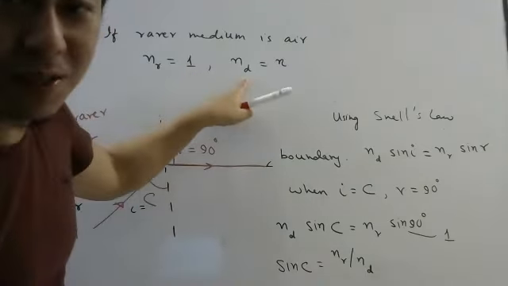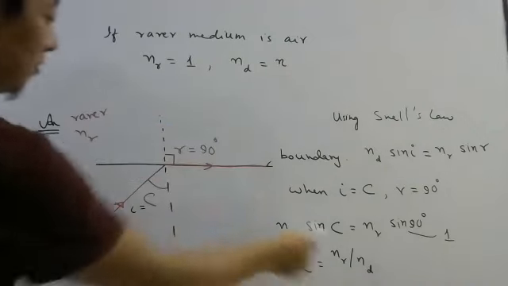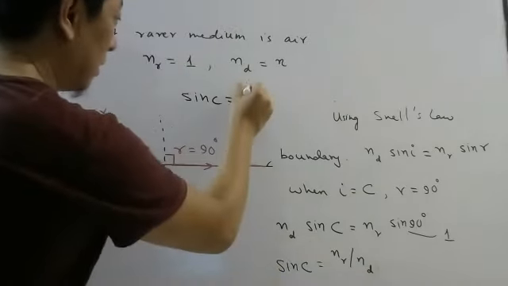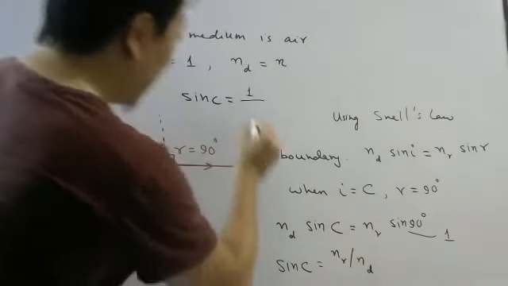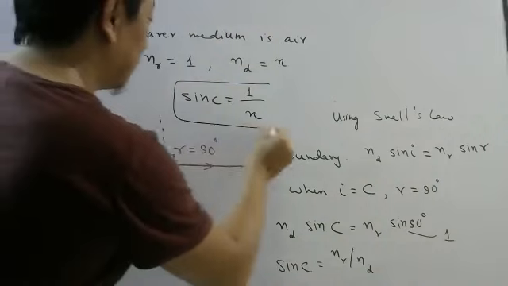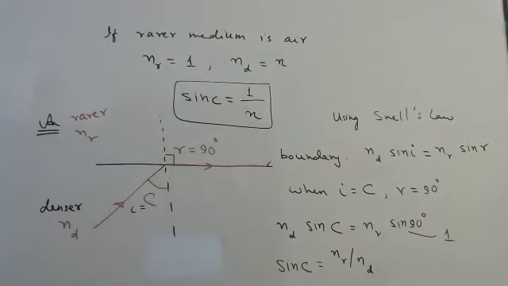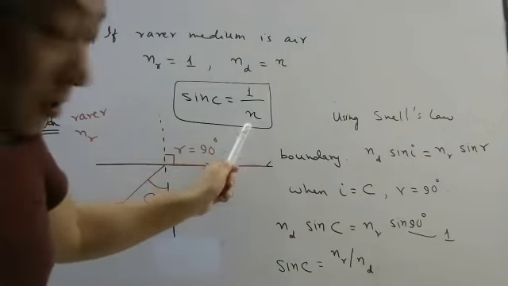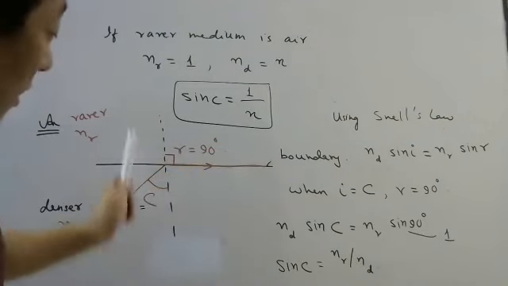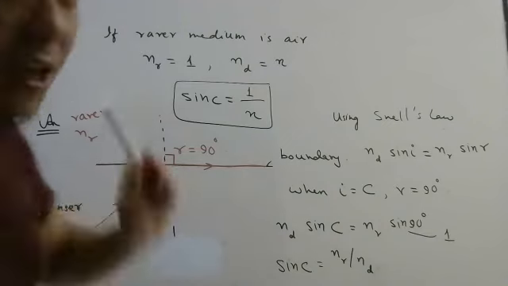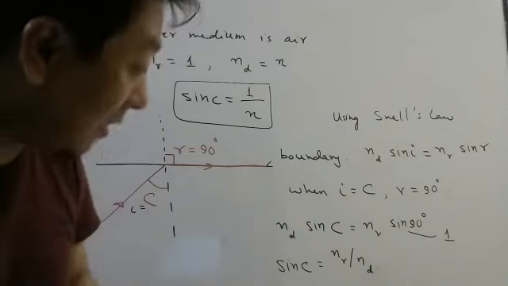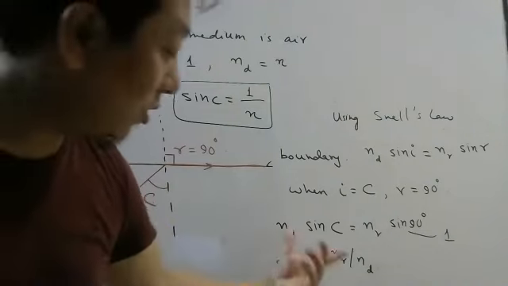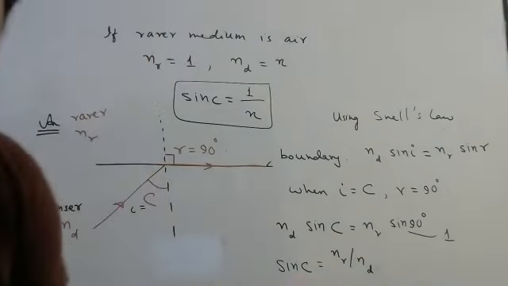So the formula will become sine C equals 1 by N. This is the relation between critical angle and refractive index of the denser medium when the rarer medium is air. If it is not air, then this formula we should mention. That's why I write this one. So this is important for your entrance exams also.